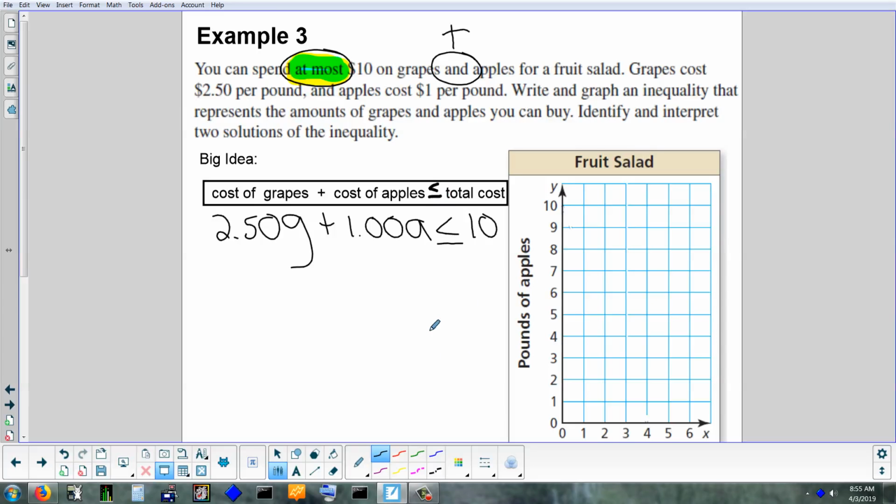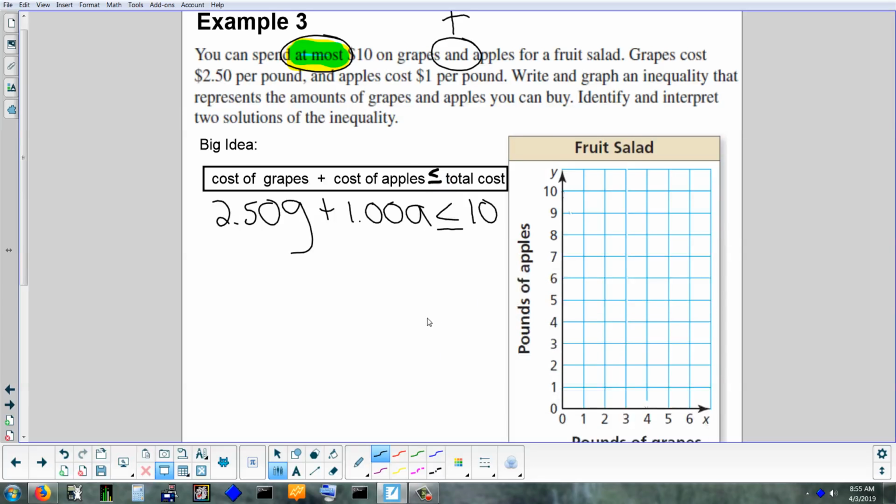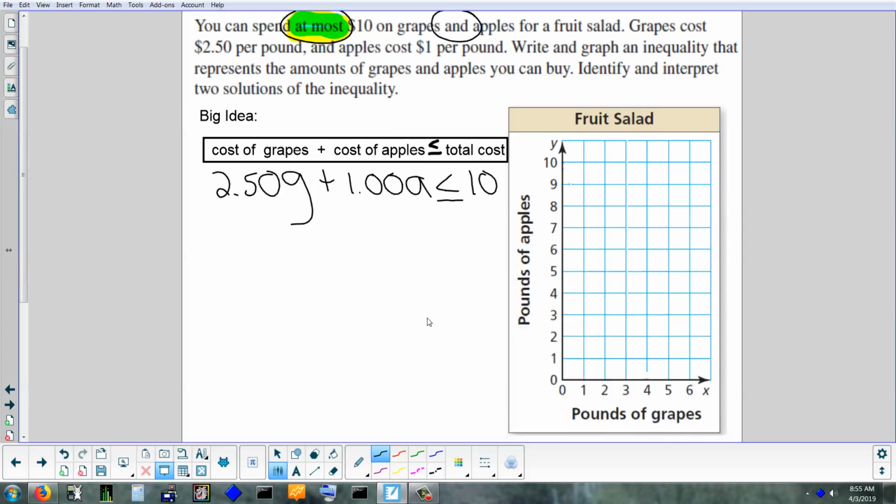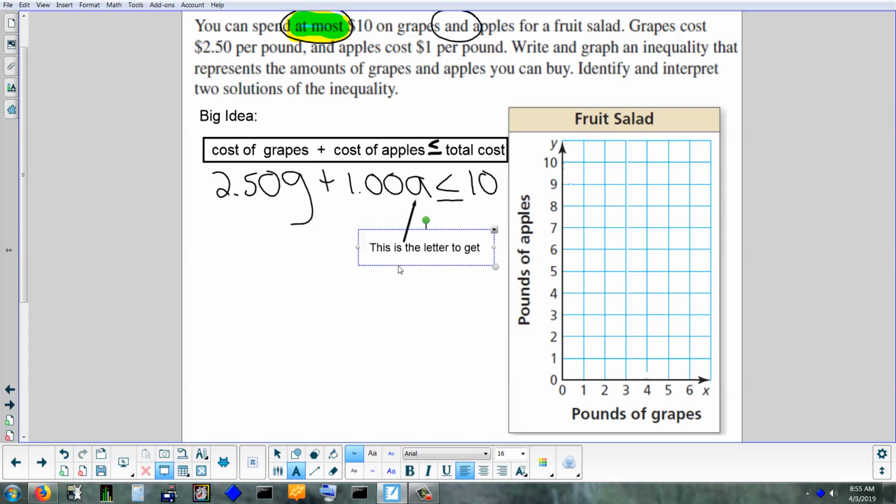So I'm close in terms of having my inequality set up. Attaching the G to the 2.50 and the A to the dollar is perfect. But what if I wanted to graph this? Can I graph it? No. Why?